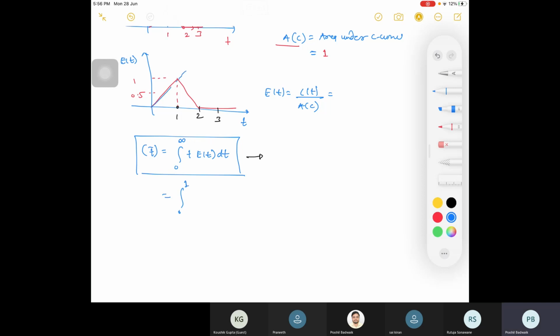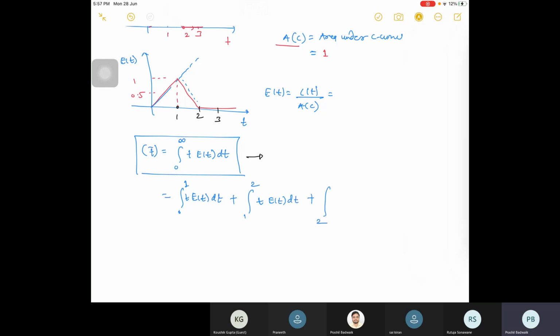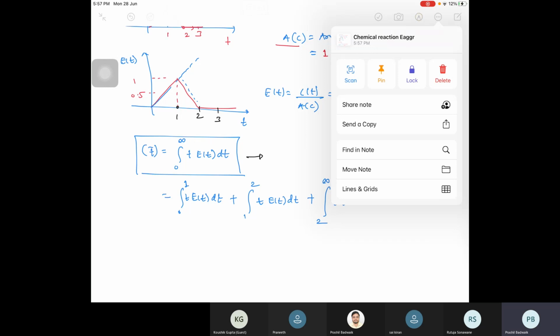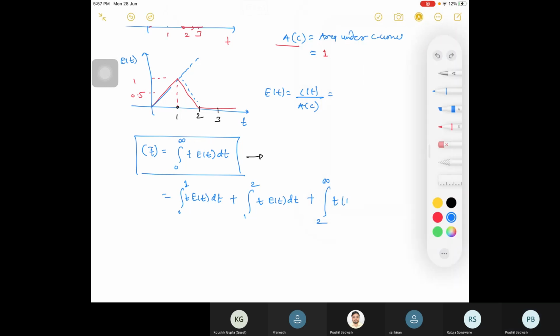Second you will be having this. So 0 to 1 t E(t) dt, here t will be there, plus integration 1 to 2, it is t into E(t) dt. And then the next one will be from 2 to infinity, t into E(t) dt. Please try to solve this.